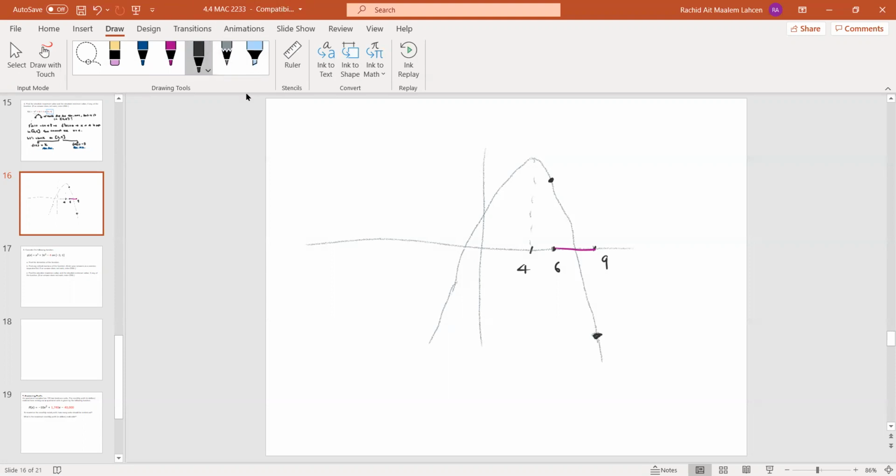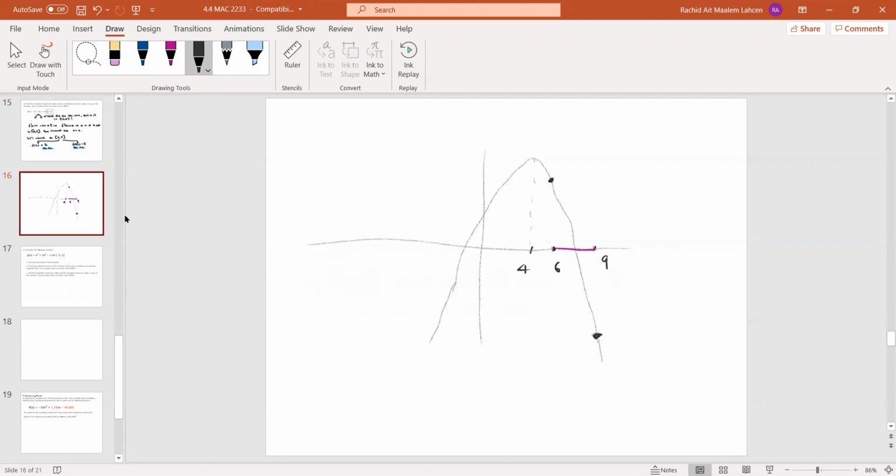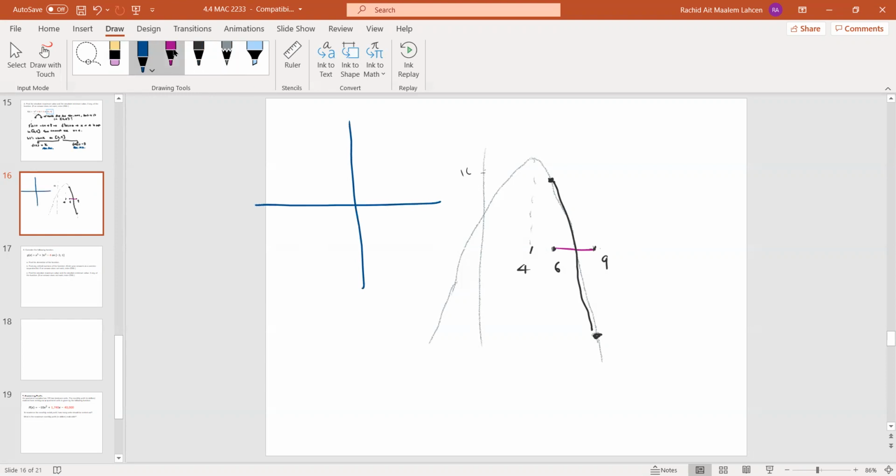So 6, let's say the 16, somewhere here. It's not to scale, but just to show what's happening in this case, where the 4 came up outside the interval of 6 to 9, so you're dealing with this piece. Since I'm not drawing to scale, you're getting something like this.